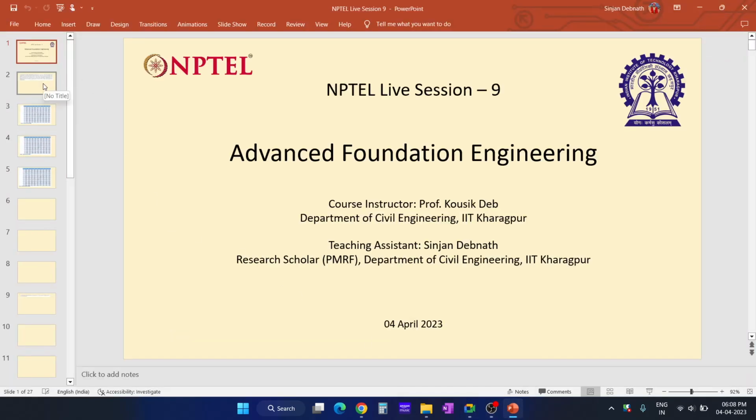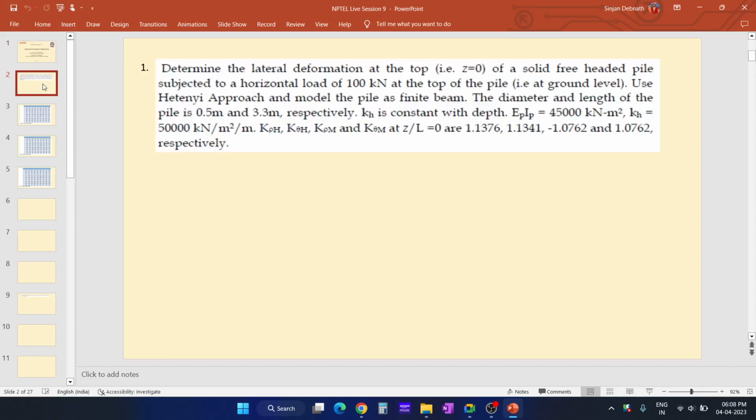Let's go to the first problem. Determine the lateral deformation at the top of a solid free-headed pile subjected to a horizontal load of 100 kilonewton at the top of the pile.